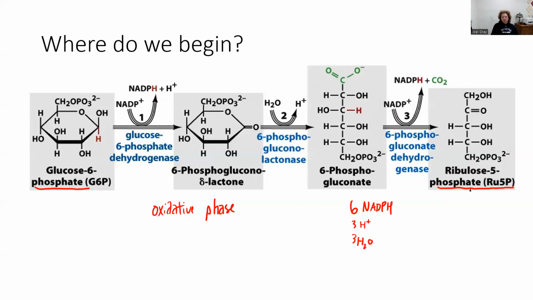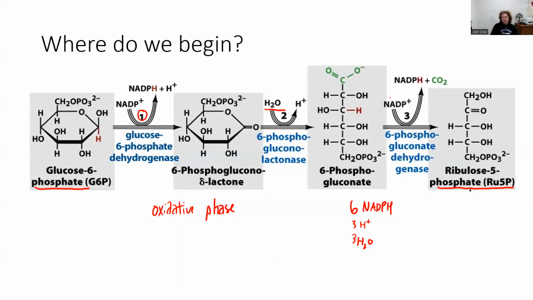Now, at each one of these steps, step 1, the type of reaction that we're catalyzing is an oxidative or oxidoreductase reaction. Step 2 here, we're using water to open up this ring, so we're using water to break a bond. We're doing a hydrolysis reaction.